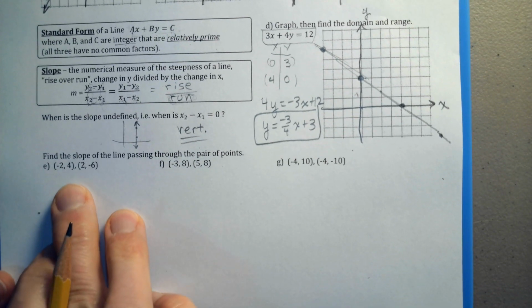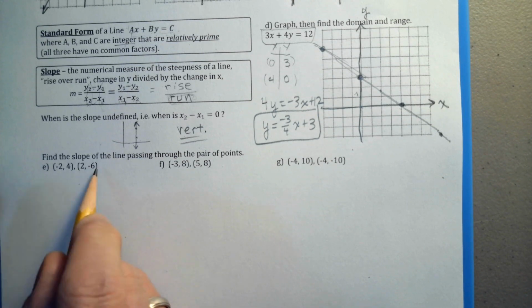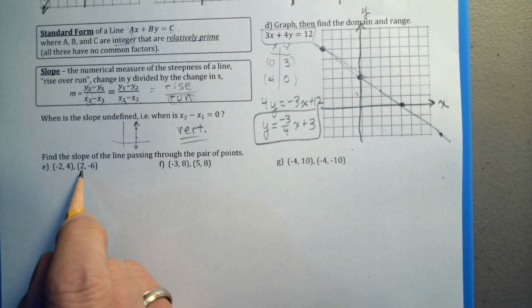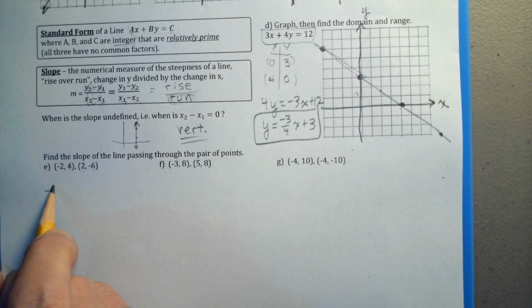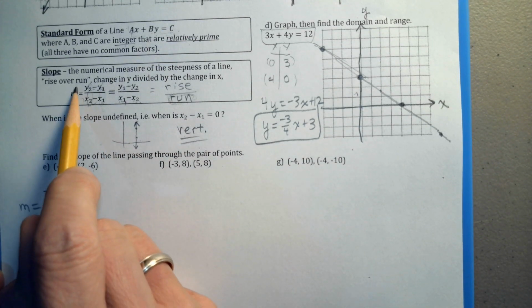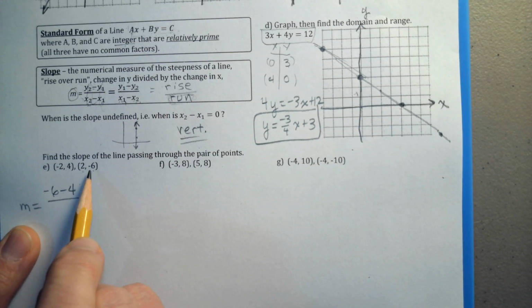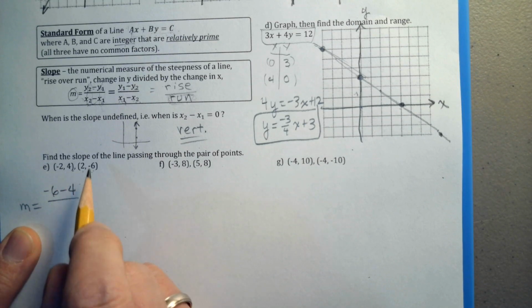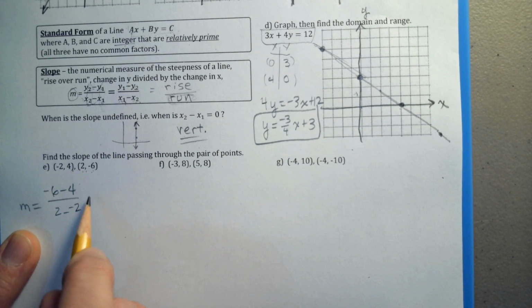All right, let's find the slopes here. So we're just going to use our formula up there. Again, it doesn't matter which point you start with, but whatever point you start with the y, you've got to start on the bottom with the same point's x. So let's say m equals negative 6 minus 4 over... lowercase m is universally used for the slope. So it's negative 6 minus 4, and then over 2 minus a negative 2.